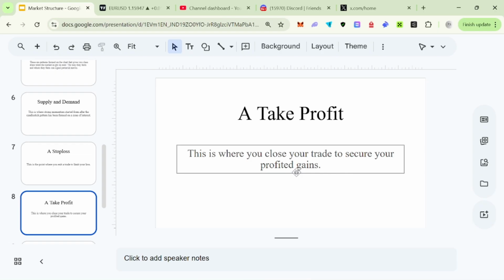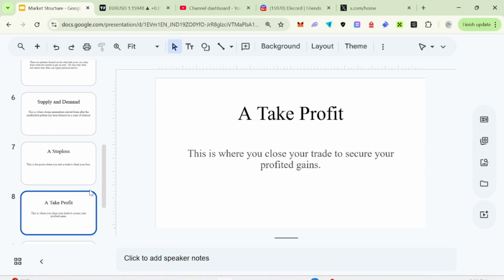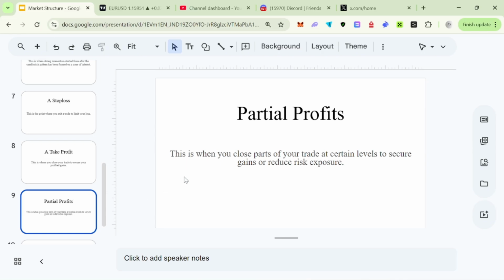Now this is where partial profit comes in. What are partial profits? This is when you close part of your trade at certain levels to secure gains or reduce risk exposure. It's not talked about enough, actually, but it plays a huge role in growing your account over time.